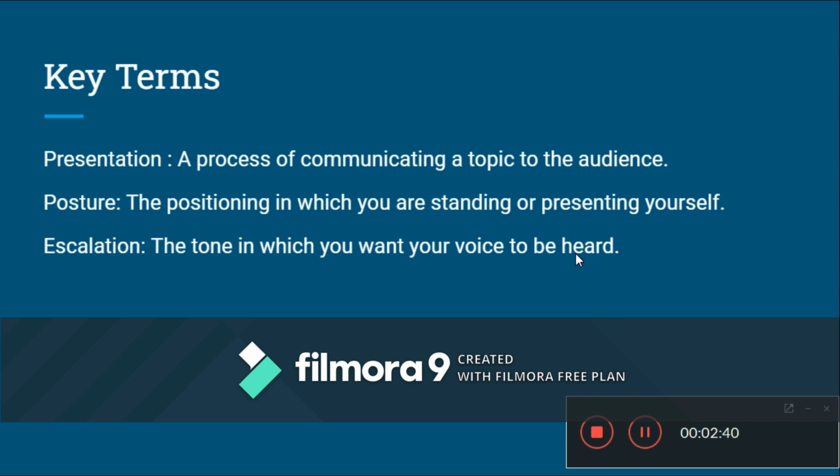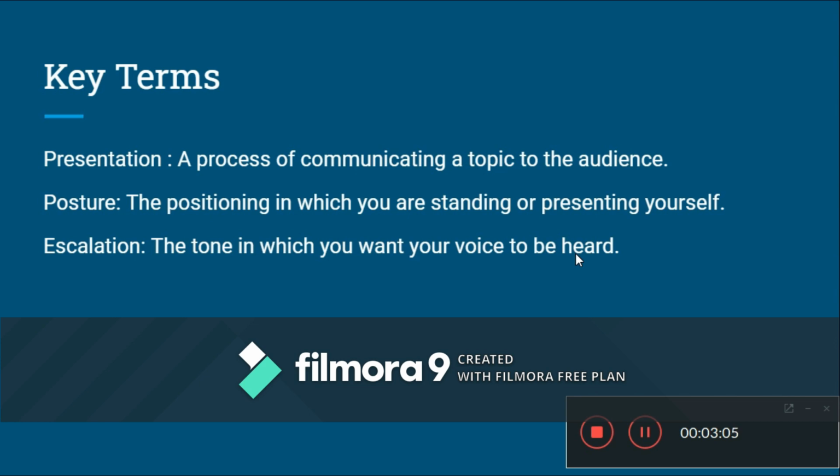And your escalation, the ability to escalate your voice, to make it louder for a lot of people to hear, because sometimes you speak in smaller facilities, or you may talk in large proximities, and it varies on how loud you want to talk so that everyone in the audience is able to hear you.